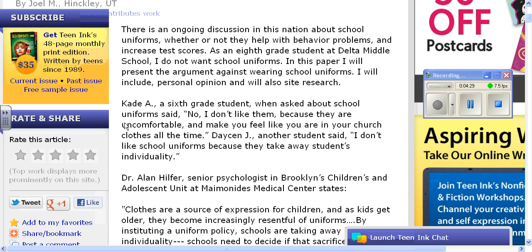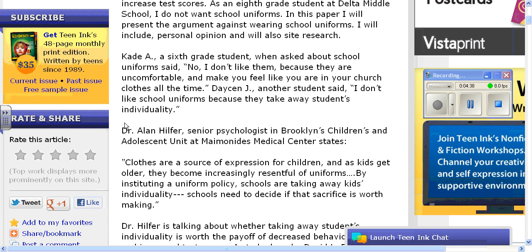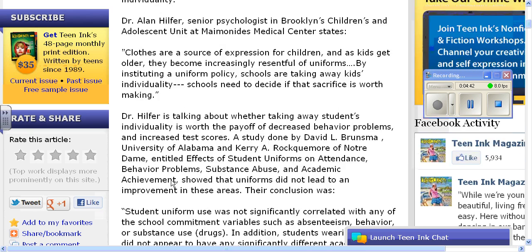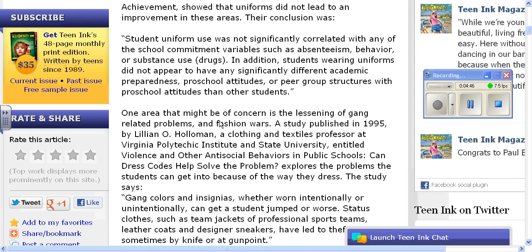Lastly, I want to talk about how he always comes back to why people may disagree with him. It says that "one area that might be of concern is the lessening of gang relation problems and fashion wars.